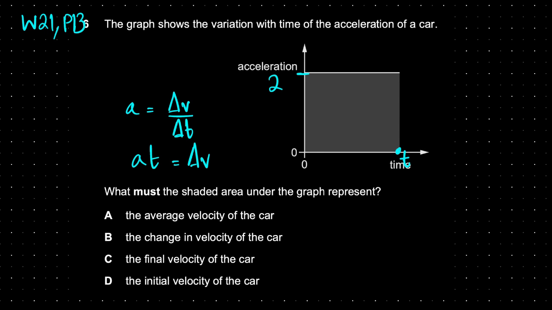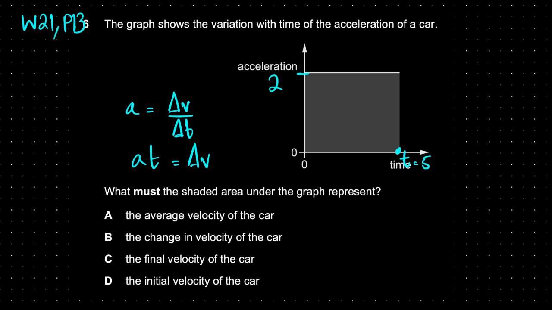So if I add all these slices up, all the times the speed is increased by 2 meter per second, and let's say this is 5 seconds, then 2, then 2, then 2, then 2, and again a 2. So this means that my speed has increased by a total of 10 meter per second. So this is the change in velocity of the car.